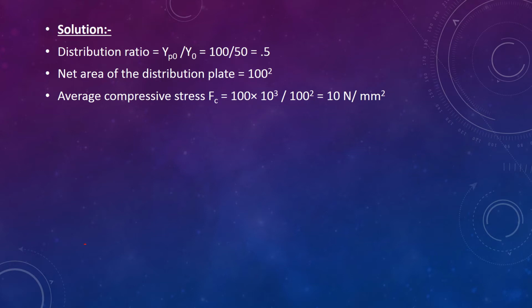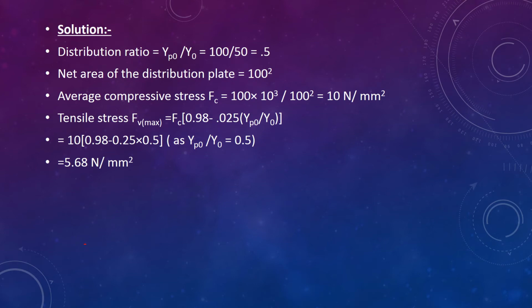Now we have to find out the average compressive stress, which we denote by Fc. So Fc is equal to 100 into 10 cube divided by the net distribution plate area, that is 100 square. So the average compressive stress is equal to 10 Newton per mm square.